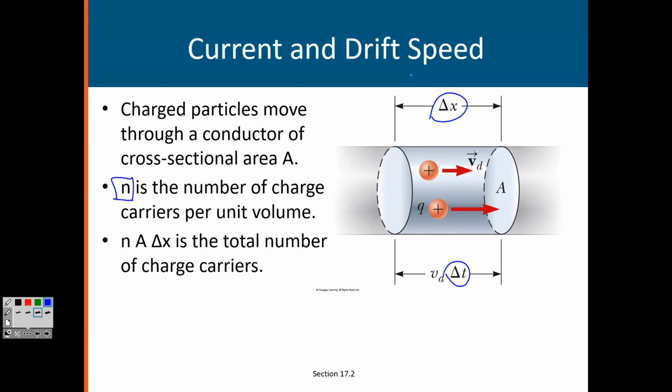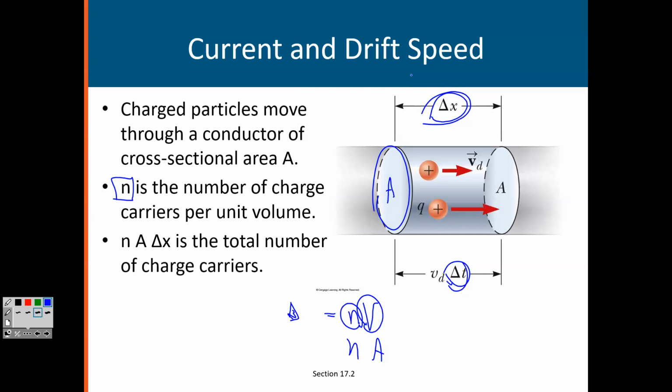If you multiply n by the volume that has crossed in this period of delta t, it will be area multiplied by delta x. So if I multiply the density by the volume, we will get the total number of charges that is crossing this area.